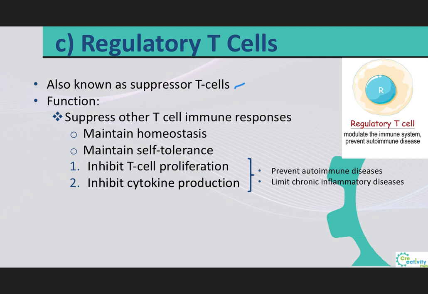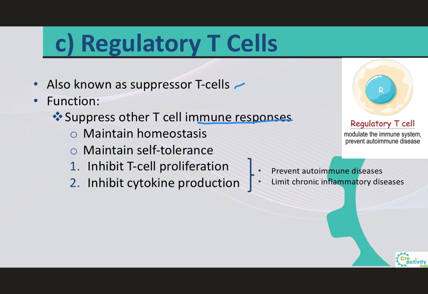Now, exactly how they function is still under investigation, but it is known that they suppress other T cell immune responses. So basically, they work as a control of the immune response. In other words, they're creating a maintenance of homeostasis because they're trying to make sure that there's not too many of these T cells circulating, so they will suppress the immune response of some of the T cells.